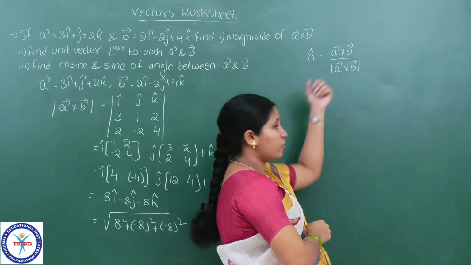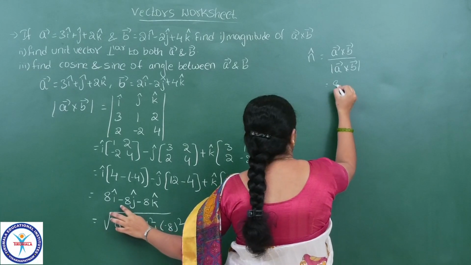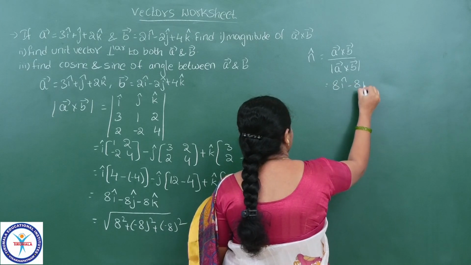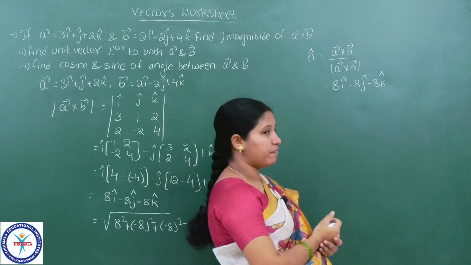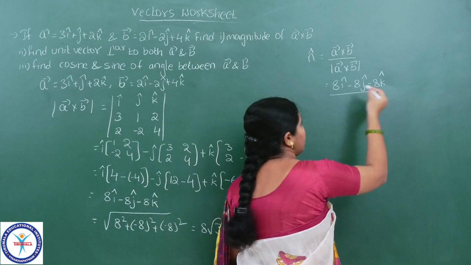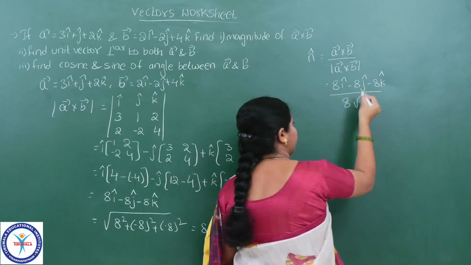So, A bar cross B bar is given by the vector 8i cap minus 8j cap minus 8k cap divided by what is modulus of A bar cross B bar, which means 8 root 3.